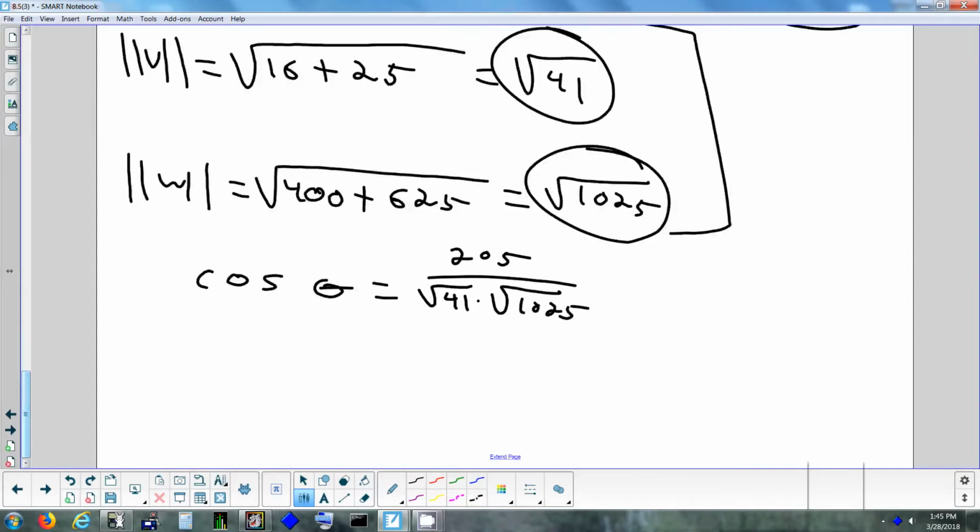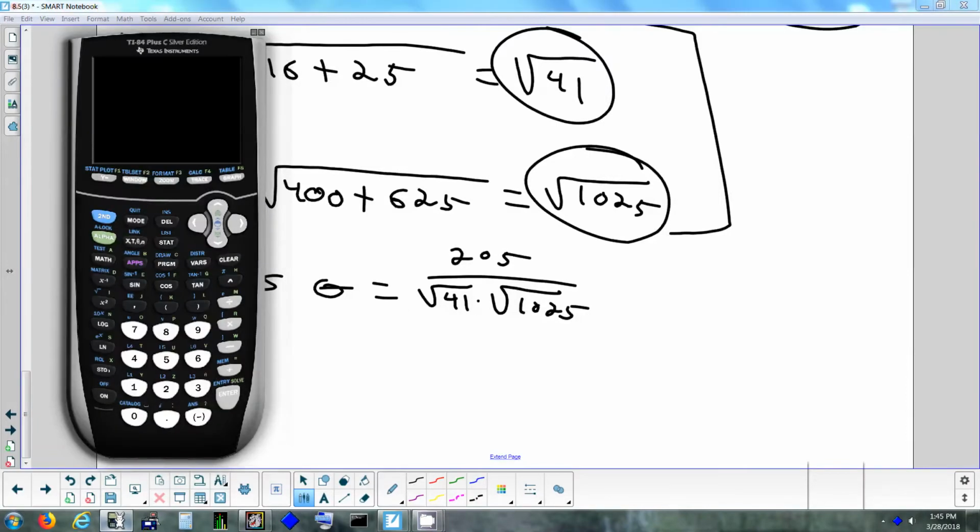If it comes out to 205, then my fraction would come out to 1. If it comes out to -205, then my fraction would come out to -1. Well, it can't be -205. We're only dealing with positive numbers. Square root of 41 is a length. Square root of 1025 is a length. Positive numbers. Okay, so they've got to come out to 205 for this to be parallel.